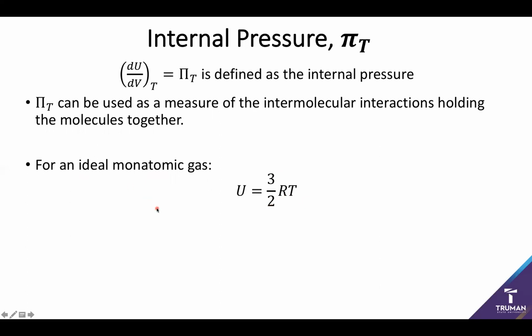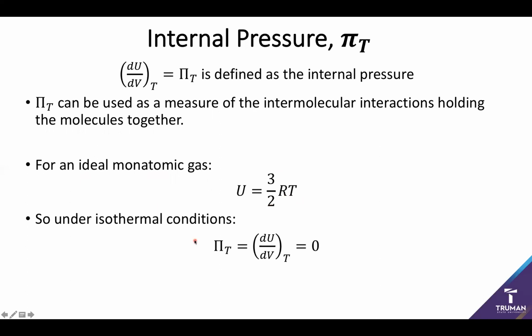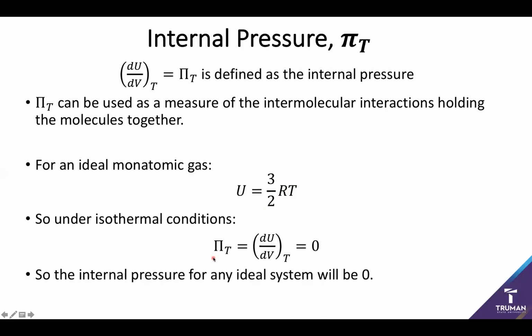So if I examine the change in energy under isothermal conditions, the only variable here is temperature. If I keep temperature constant, then my internal energy won't change at all. So this means that for any ideal system, the internal pressure is going to be equal to 0.